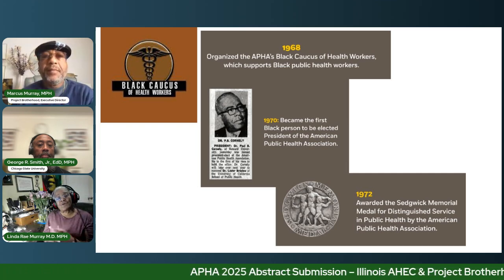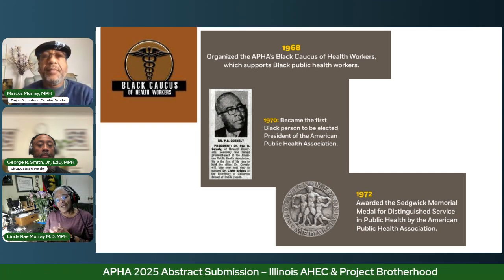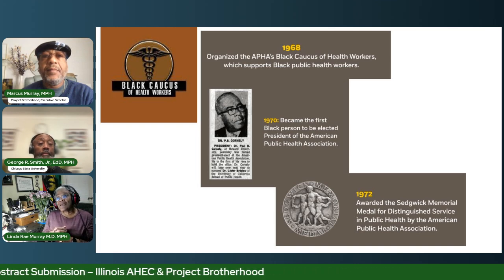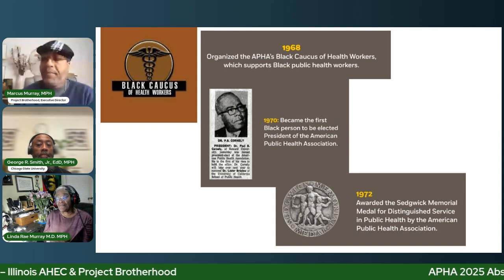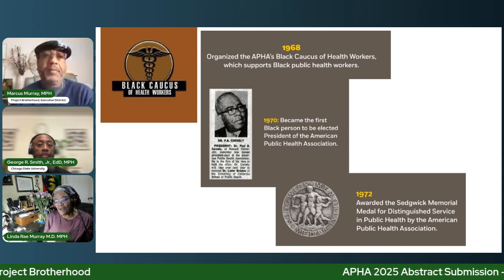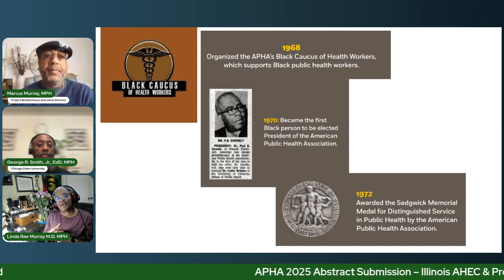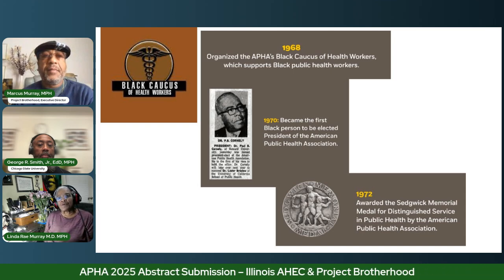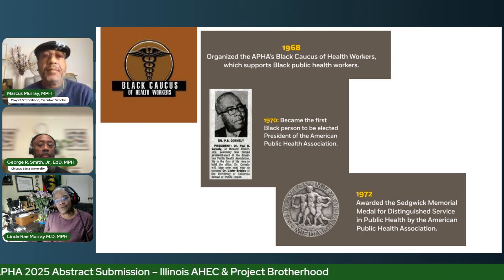This is the height of the civil rights movement in the '60s, and racism was alive and well then, as now. And so in 1967, I think it was '67, Black members of APHA walked out of the opening session because they were unhappy with the response of APHA toward civil rights.